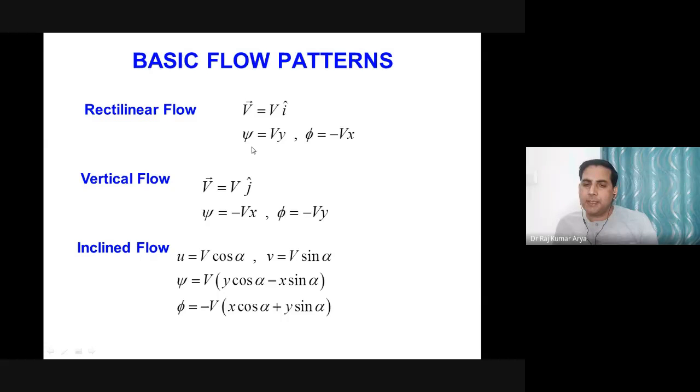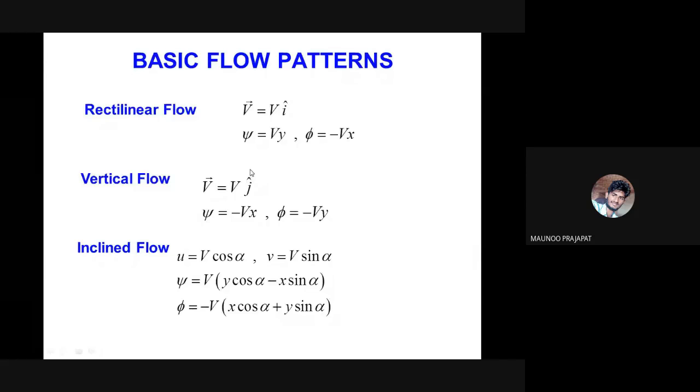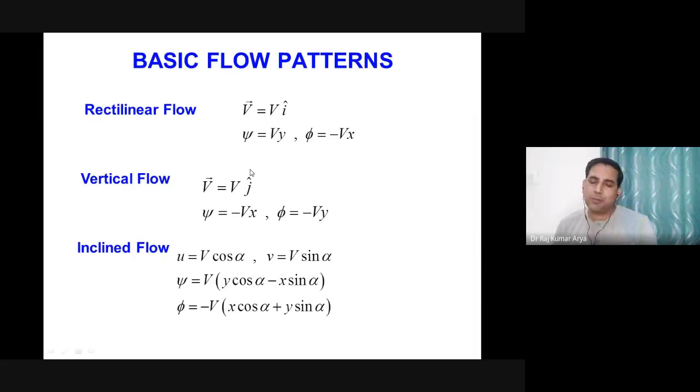Based on that, you can write your psi. So what would be the expression of psi? Your u is given as what? Velocity u in terms of psi? It is del psi over del y, right?